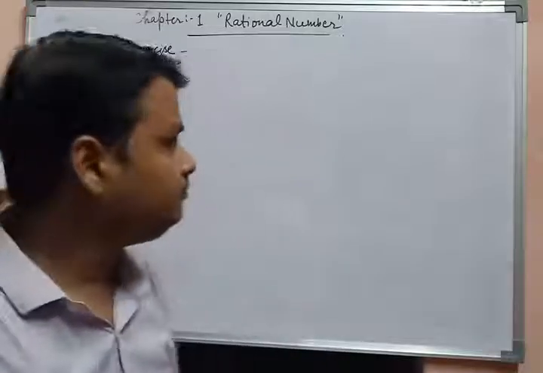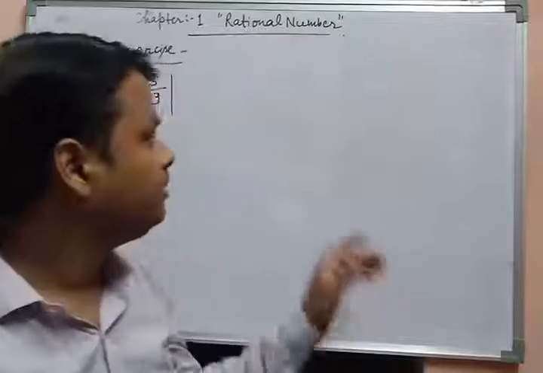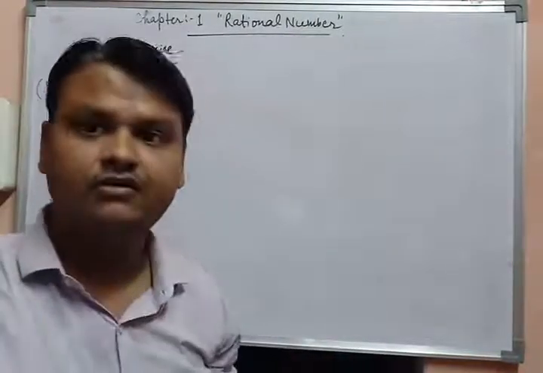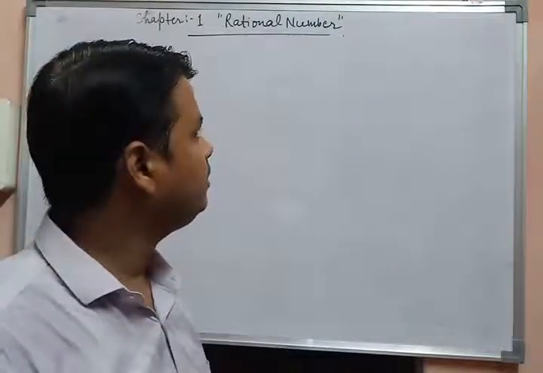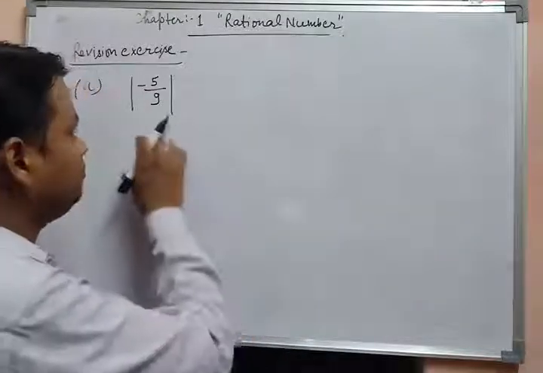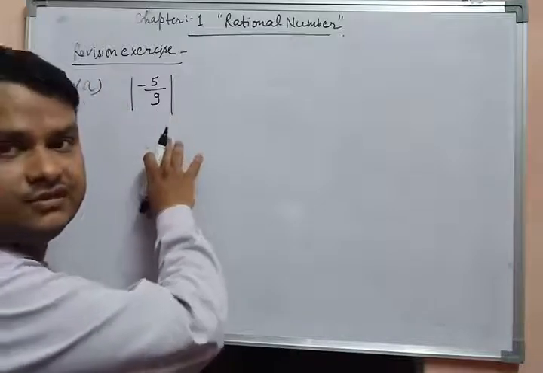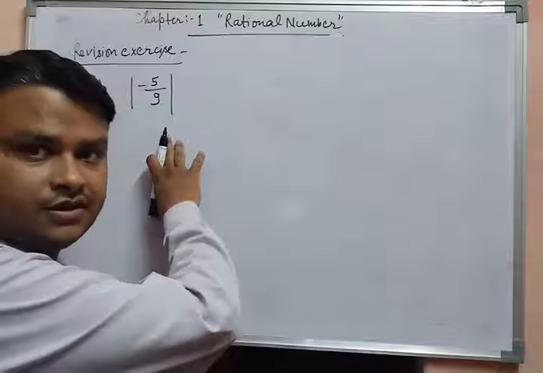The absolute value of any rational number is the numeral value of this rational number without any sign.